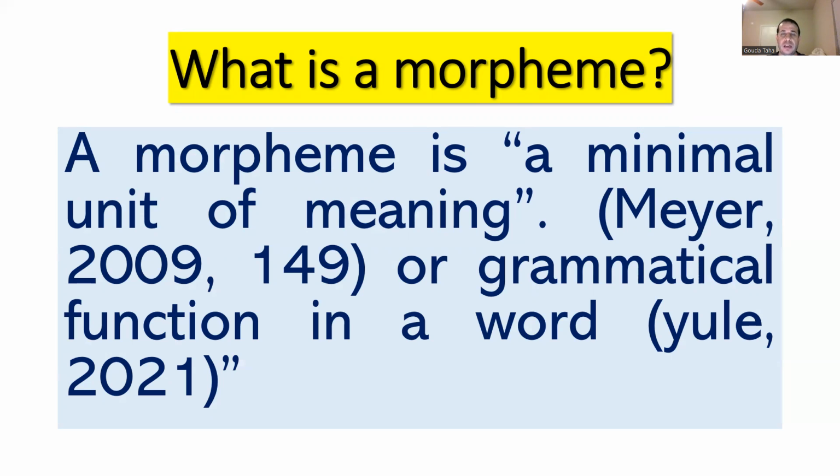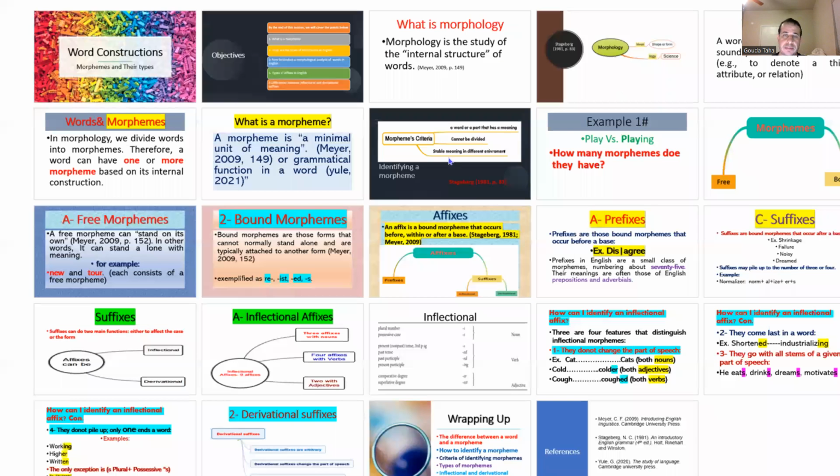It's a smaller part of the word, but it contains some meaning. While Giorgio 2021 elaborated this definition by saying it's a minimal part of the word that has a meaning or does some grammatical function. A grammatical function can be a case, an aspect, or some kind of number like singular or plural, and we're going to tap into this in a bit.